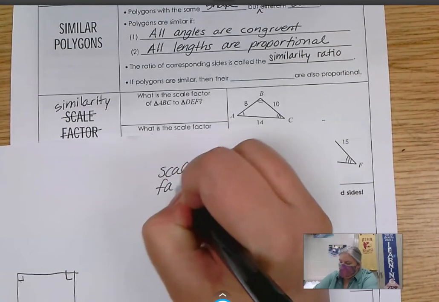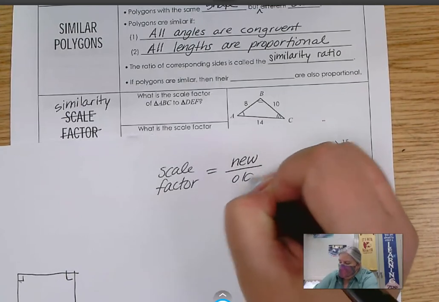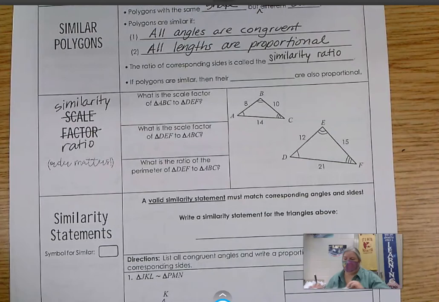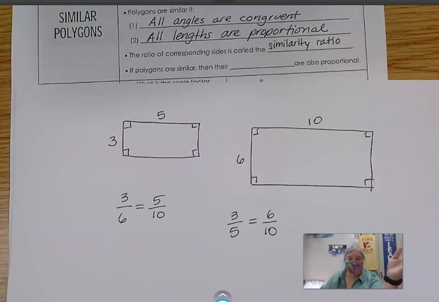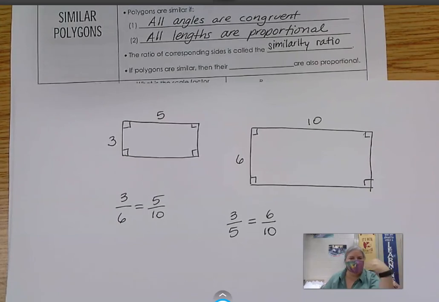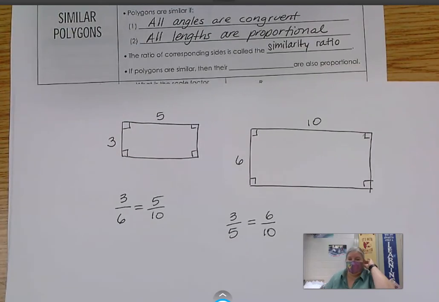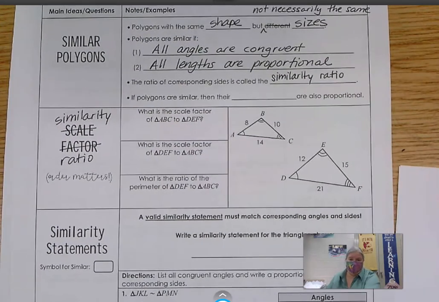But scale factor is always the new length over the old length. If I'm looking at two similar triangles or two similar rectangles, there's not a new and an old because one of them didn't come from the other. We're not talking about a dilation. I just have two shapes in front of me. So with similar polygons, there's a similarity ratio, and really it could go either way.